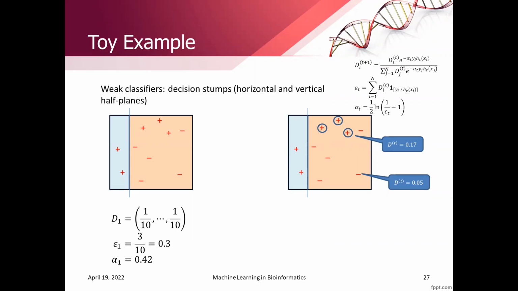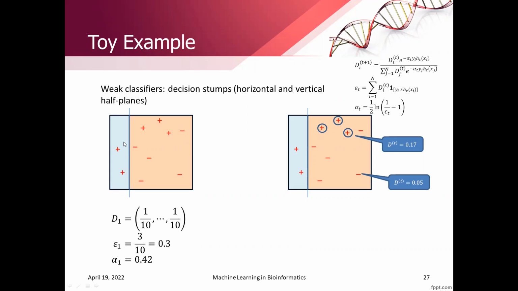Here we started with so-called stubs. Stubs are decision trees with just one internal node followed immediately by leaves.